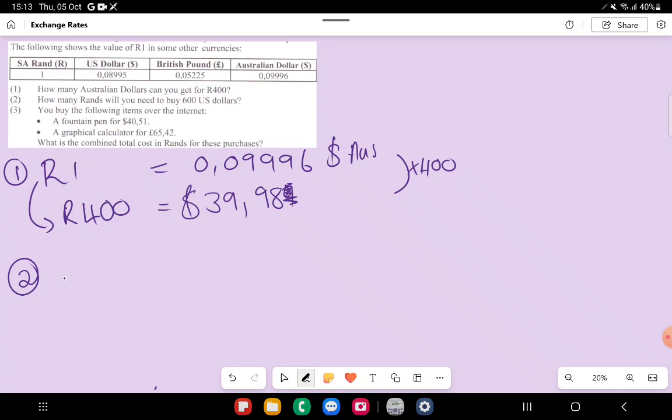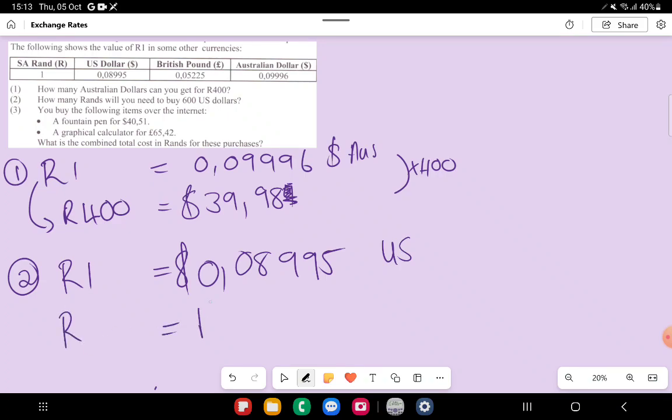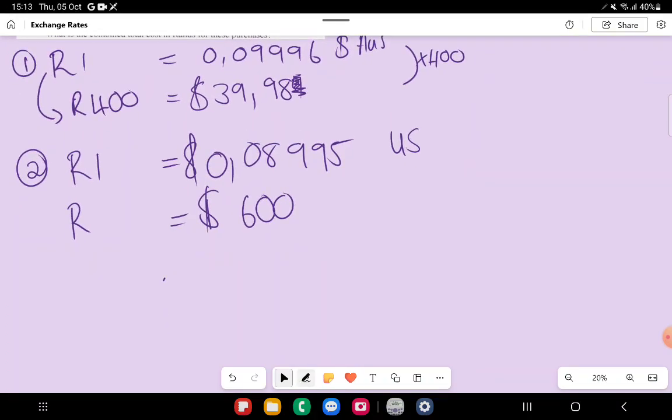So we know that 1 rand is equal to 0.08995 US dollars. How many rands is in question? 600. So what do we do here? We are going to go from the bottom up and we're going to say 600 divided by that.